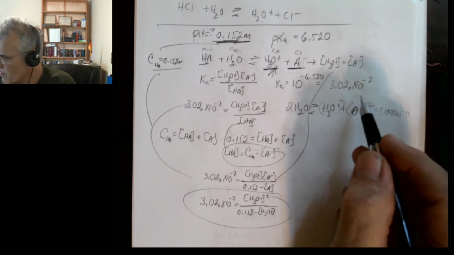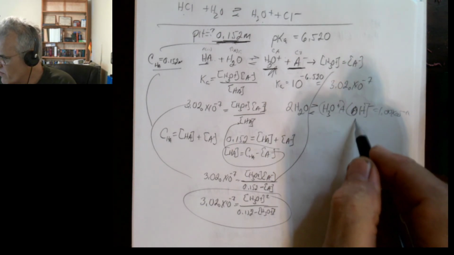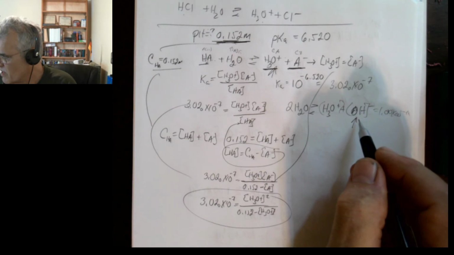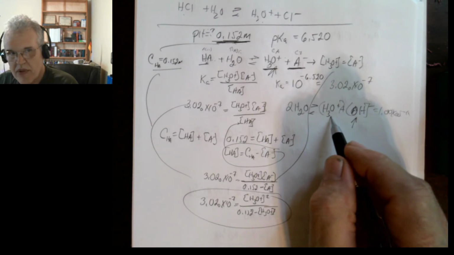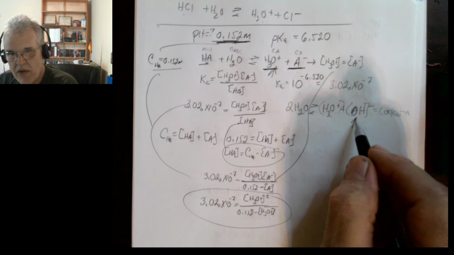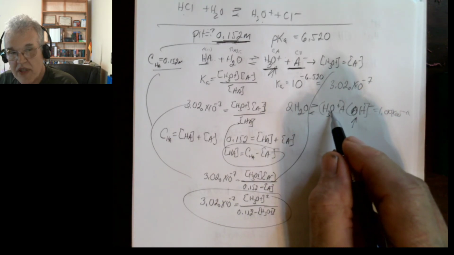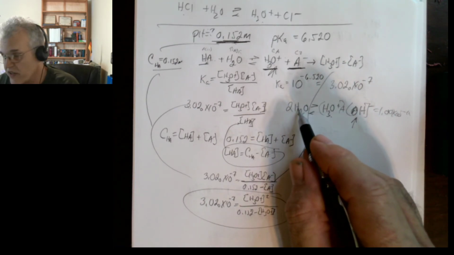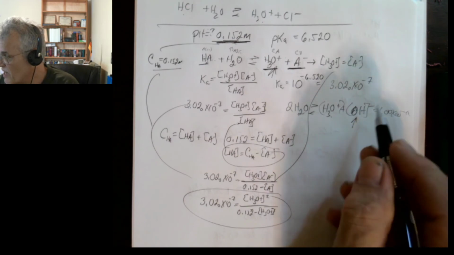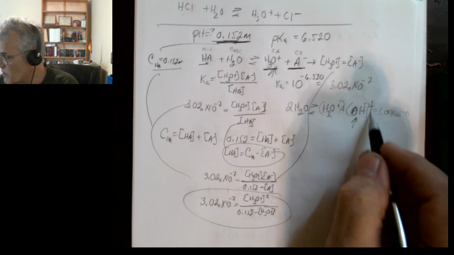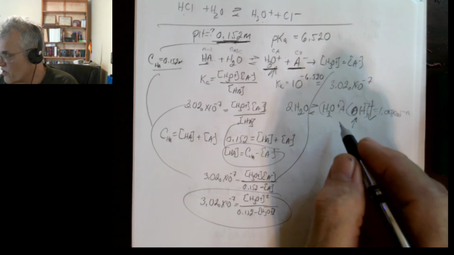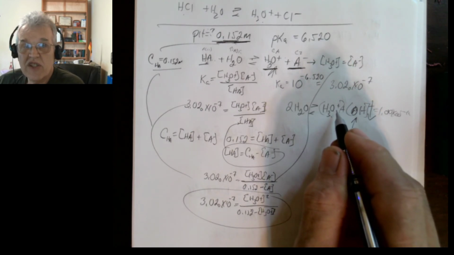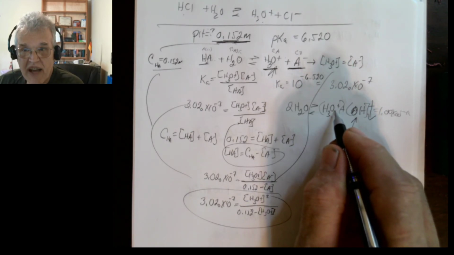Well, look at the water. For every hydroxide formed, there's a hydronium formed. So if the hydroxides go down, the hydroniums that come from the self-ionization of water also go down because it's 1-to-1. 2 waters form a hydronium and a hydroxide. If the hydroxide concentration gets pushed way down, then the concentration of hydroniums from the self-ionization of water gets pushed way down, and it wasn't very big to begin with.